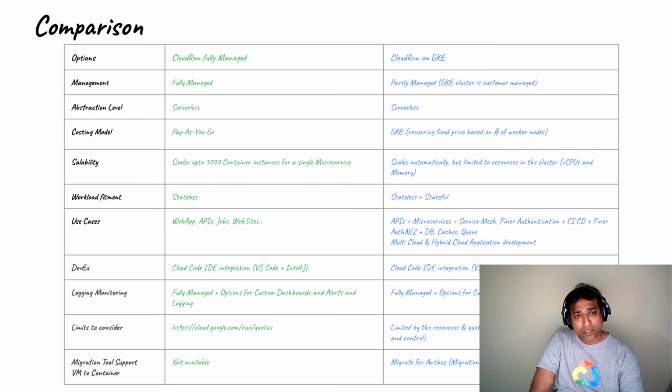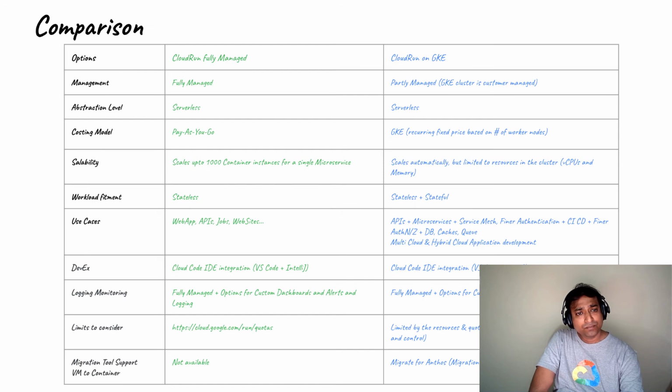Similarly, on the costing side, CloudRun fully managed is a pay per use or pay as you go model in which you don't make any upfront commitments or investments. Whereas in CloudRun on GKE, the investment comes in the form of the GKE cluster, so you have a recurring fixed price charge for the GKE cluster worker nodes.